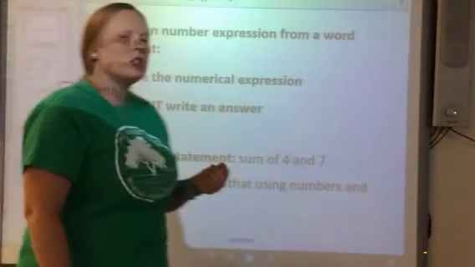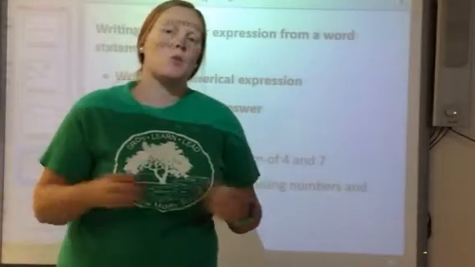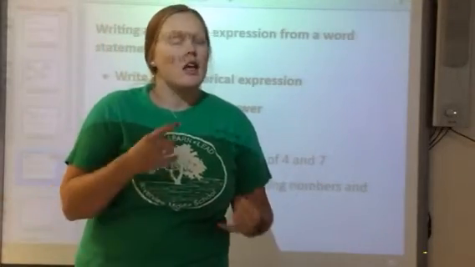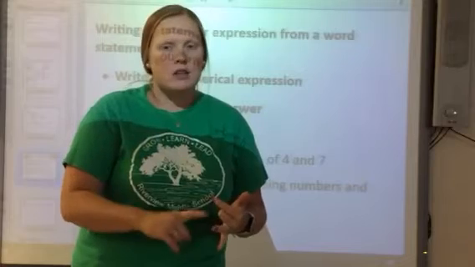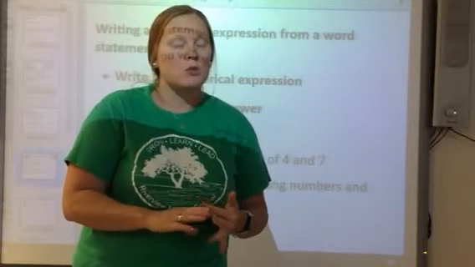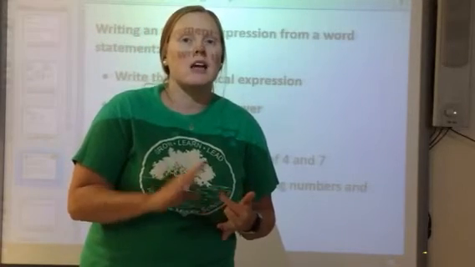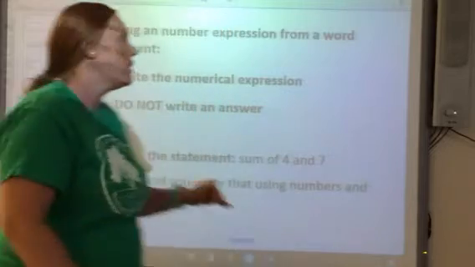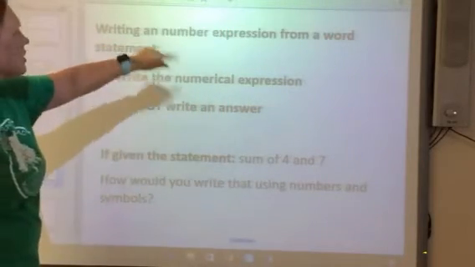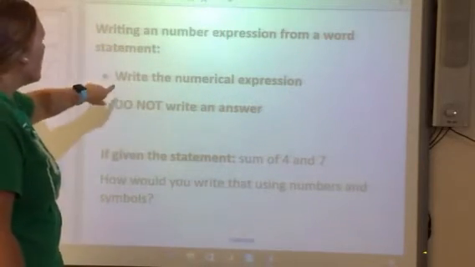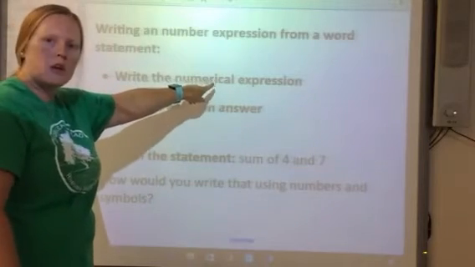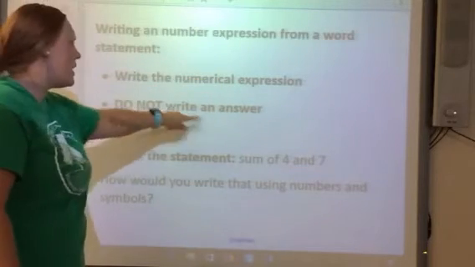Now what we're going to do is take these word problems and write out the expression. Again, no equal sign. I'm not solving it right now. I don't need answers, I just need the expression. When we're writing numerical expressions from a word statement, we write the numerical expression and we do not answer.